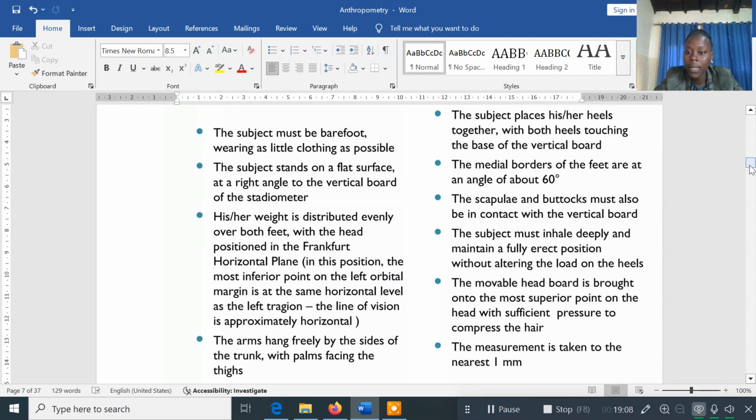You adjust it onto the superior point of the head and make sufficient pressure to compress the hair. Then from there you can take your measurements to the nearest 1 millimeter, okay. So the measurement is taken to the nearest 1 millimeter. So that is for height.